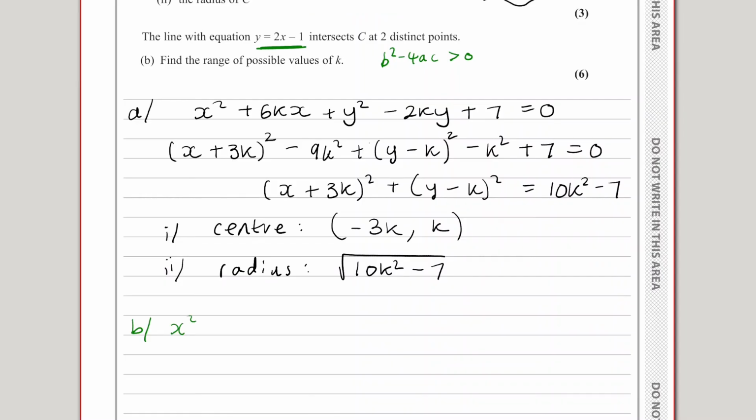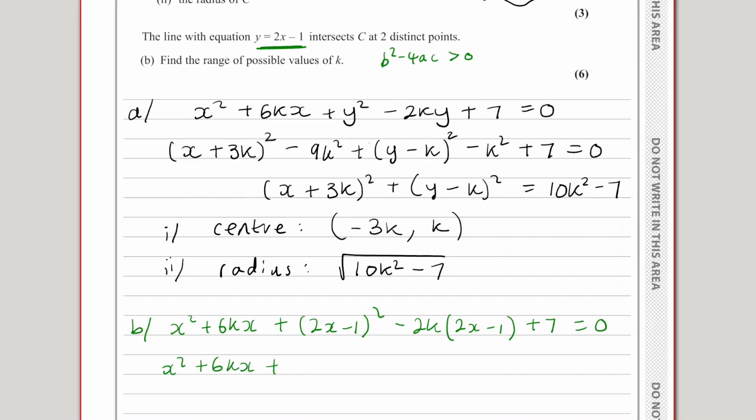So we've got x squared plus 6kx. And wherever we have y, we're changing it to 2x minus 1. Not 2k, 2x. 2x minus 1 squared minus 2k times 2x minus 1 plus 7 equals 0. So we'll expand all these brackets and simplify.